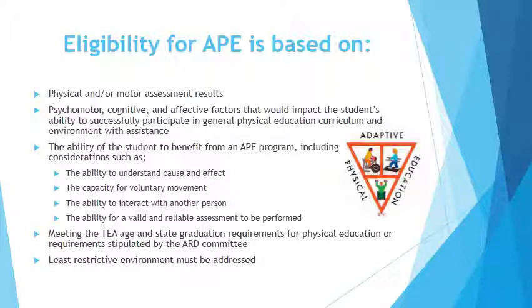The ability of the student to benefit from an APE program, including considerations such as the ability to understand cause and effect, the capacity for voluntary movement, the ability to interact with another person, the ability for a valid and reliable assessment to be performed, meeting the TEA age and state graduation requirements for physical education or requirements stipulated by the ARD committee, and the least restrictive environment must be addressed.